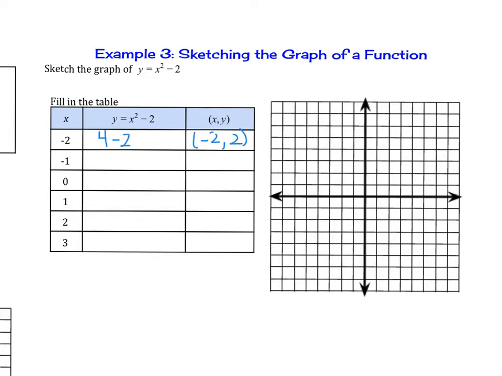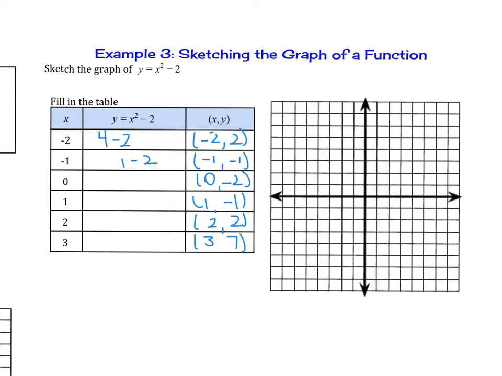If you plug in -1, that would be 1 minus 2. So that would be -1. And then you plug in 0, you would get -2. And then you would get 1 minus 2 is -1 again. And then you plug in 2, you would get 2, 2. And you plug in 3, you would get 9 minus 2, which is 7.